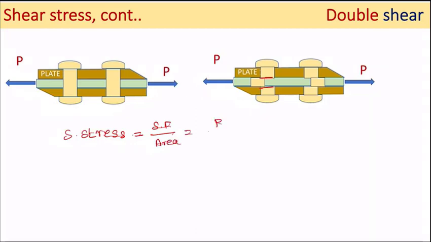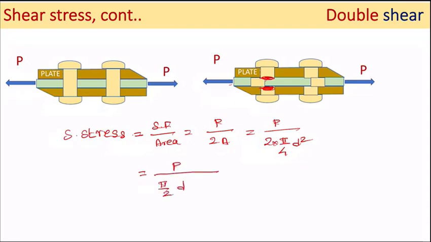Shear force is P divided by 2A, because the rivet is cut into two pieces, as this force is resisted at two places, so there is a chance of breaking into two. So P divided by 2 into the circular cross section pi by 4 into d square. So we will get P divided by pi by 2 d square.